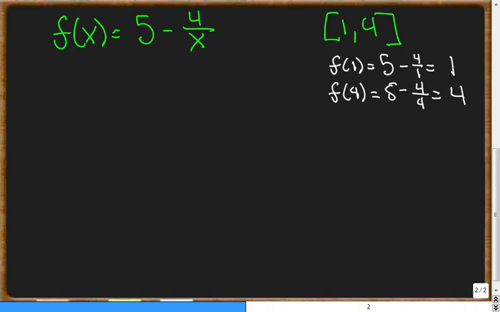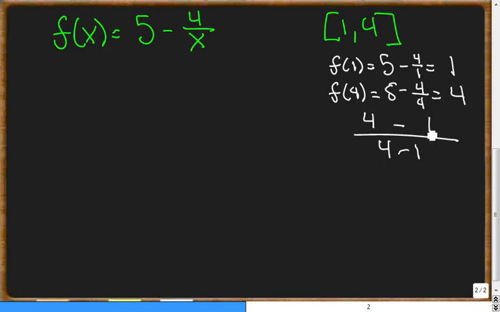So what I need to figure out is my two separate things. First off, I want to find what the slope between these 2 points is. So my slope is going to be f of 4 minus f of 1 over 4 minus 1. f of 4 gives me just 4, and f of 1 gives me 1.